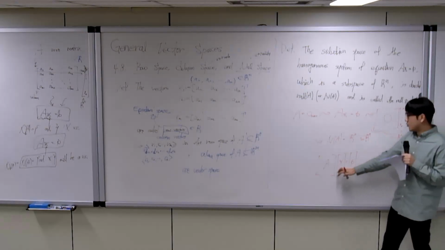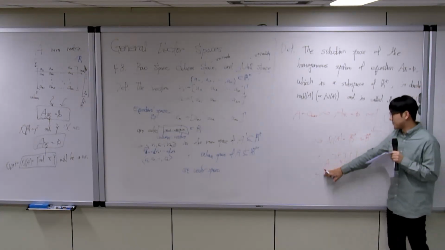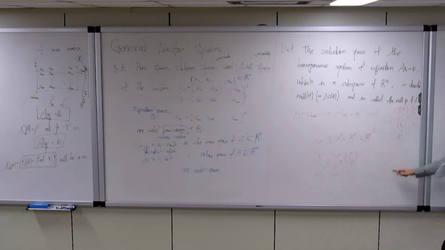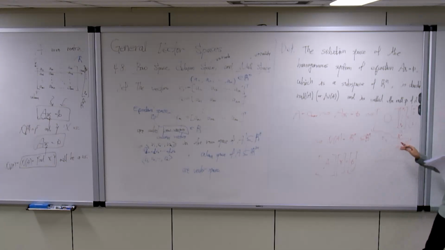That means which vectors can be collapsed in transformation A. So if you have a three-dimensional vector, and you consider A as a projection to the XY plane.